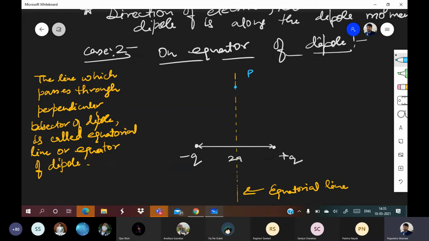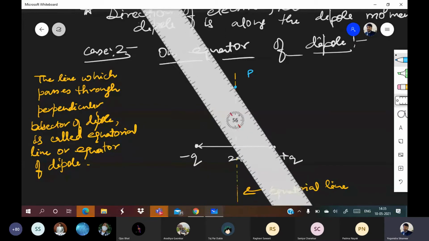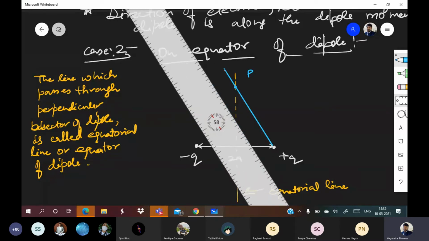Okay, now pay attention. Due to positive charge, electric field will be along the line joining these 2 points and away from it. So suppose this is E1.